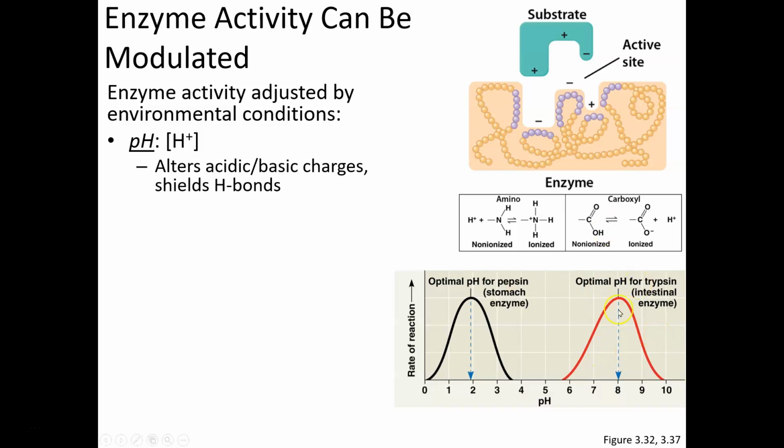So the intestinal enzyme is in the intestine, which makes sense. And intestines, after someone eats and food moves through the system, have a pH probably closer to 8 because of all the bicarbonate released. So the pH goes way up after it leaves the stomach, and the enzymes that reside there have an optimum pH at a much higher level.